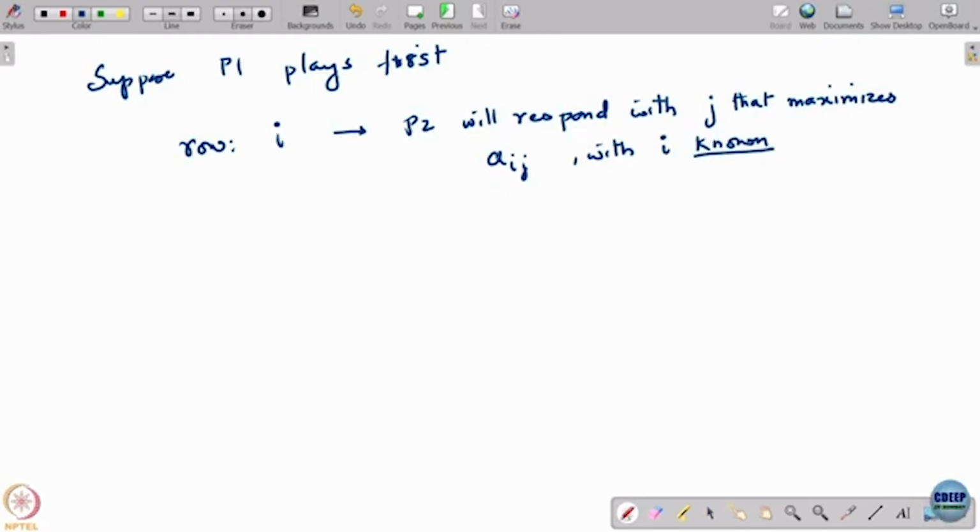Okay. So player 2 will now pick the j that maximizes aij with I known. In other words, player 2 is going to just maximize aij.